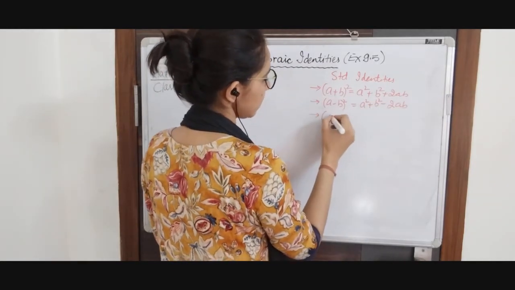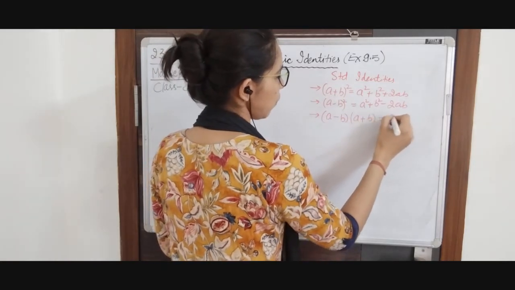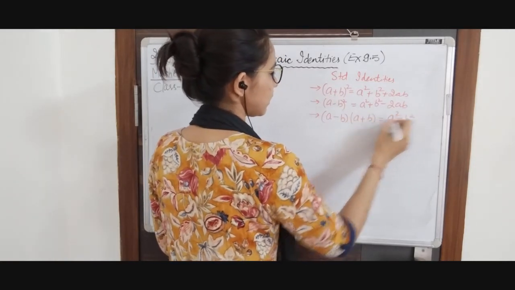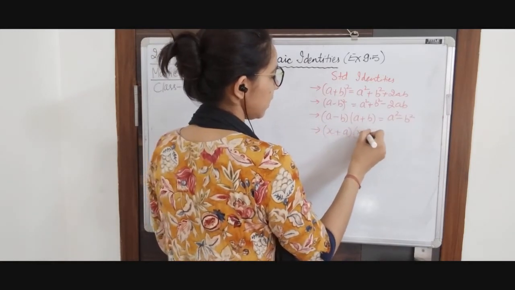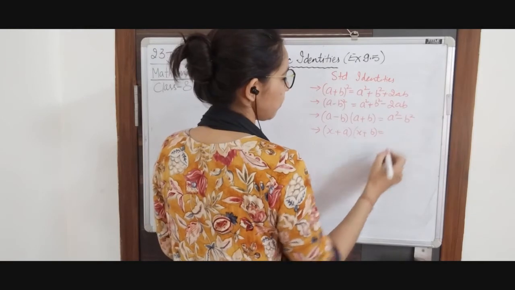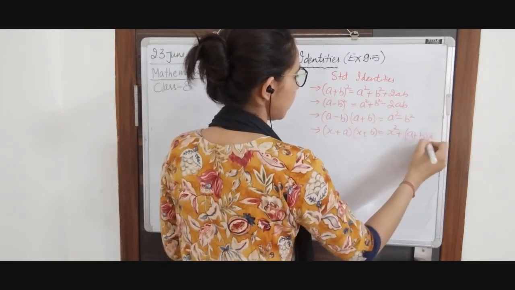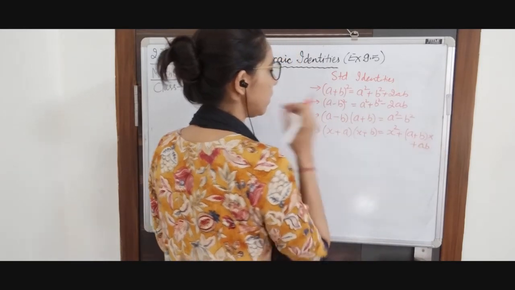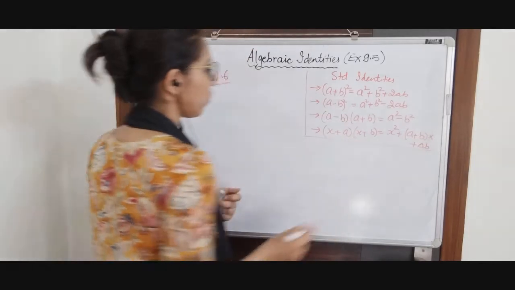Third one is (a - b)(a + b), which is going to be equal to a square minus b square, and the last one is (x + a)(x + b) is equal to x square plus (a + b)x plus ab. Okay, these identities we are going to use today also.